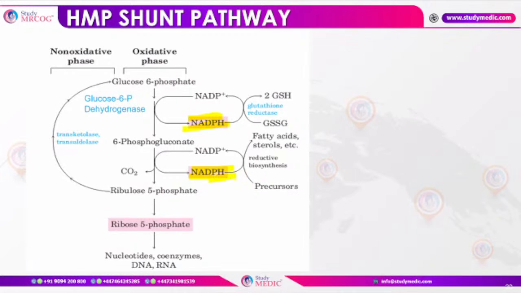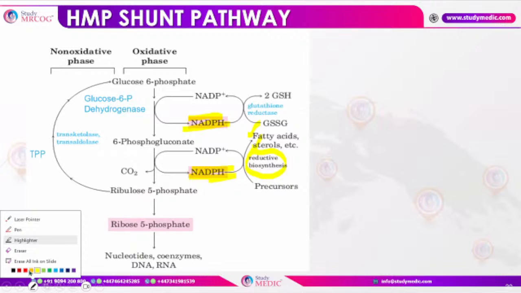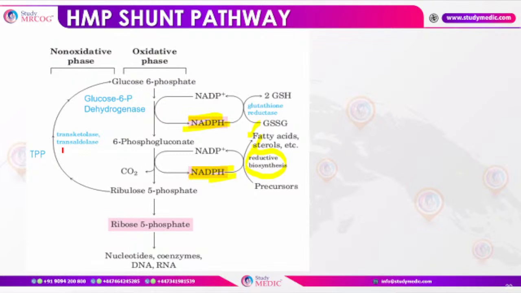Now, what is the role of this NADPH coenzyme? It is an important precursor for the synthesis of various products like fatty acids and steroids. For all these things it is required. And then there are other enzymes required for the HMP pathway, the transketolase enzyme and transaldolase enzyme. The transketolase is dependent on thiamine pyrophosphate, which is the coenzyme of vitamin B1.